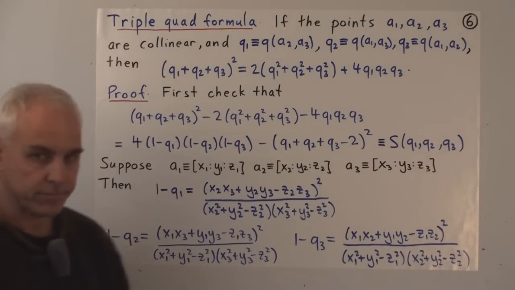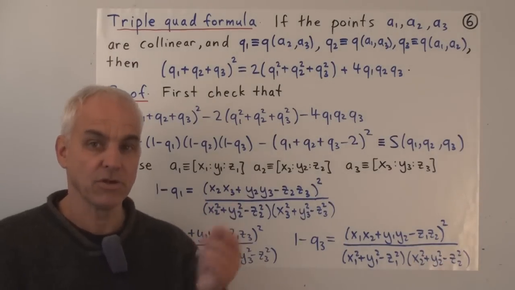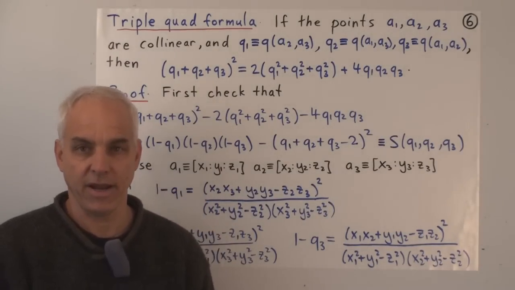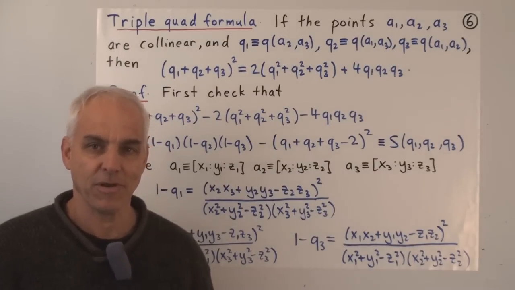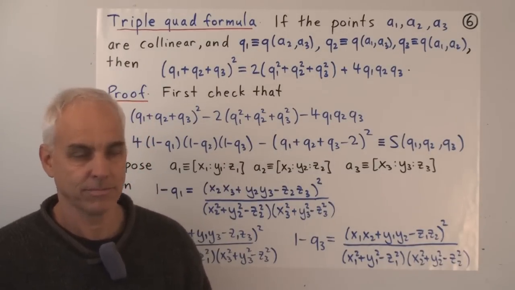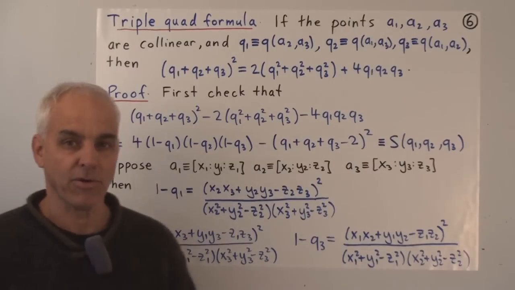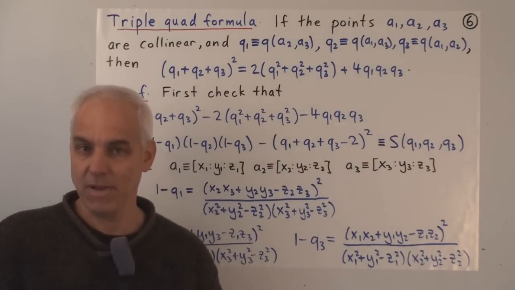We're not going to prove this. It comes down to remarkable algebraic identities, which are more remarkable than the ones that we needed for Pythagoras' theorem. So minor miracles intervene to make this work.